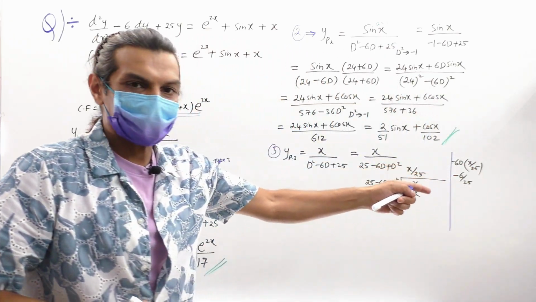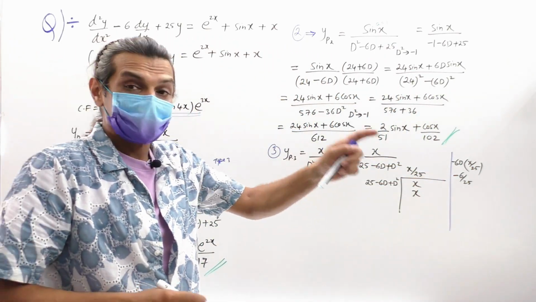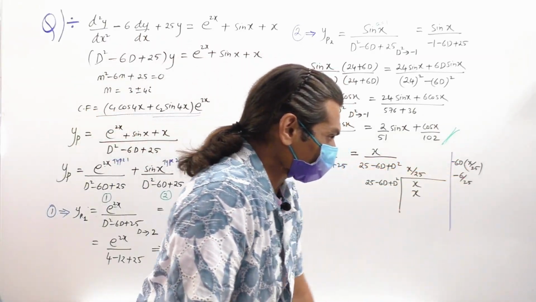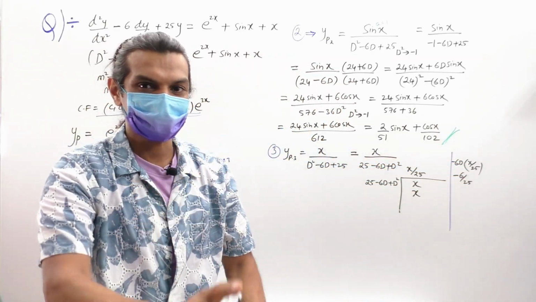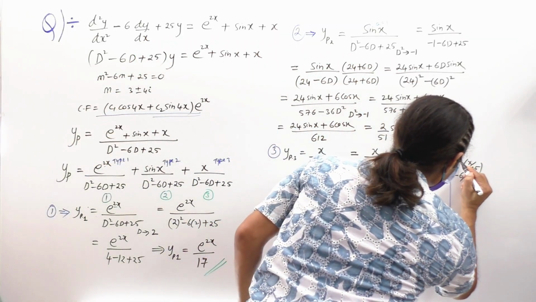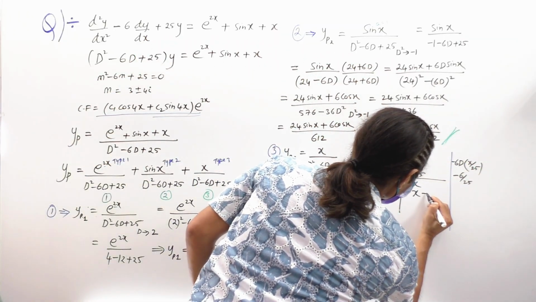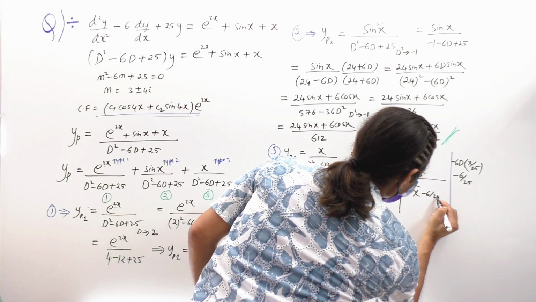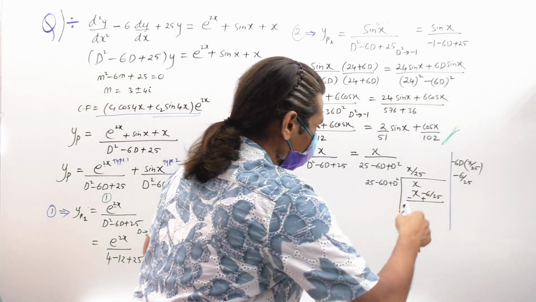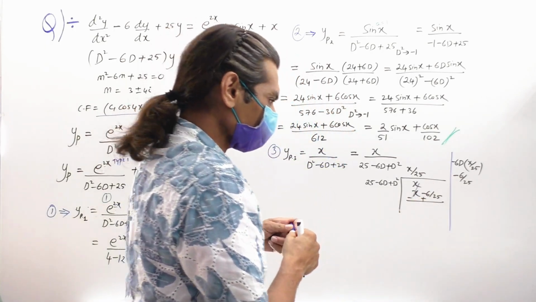Because d means differentiation, and differentiation of x is 1. In differential equations, d means differentiation. So we have minus 6 by 25, again minus and plus cancel. The x and x cancel here, that is the main aim.